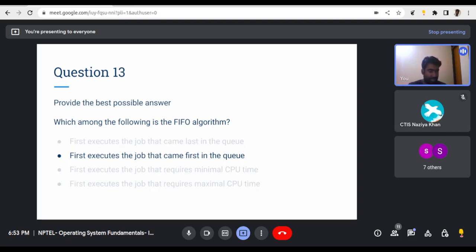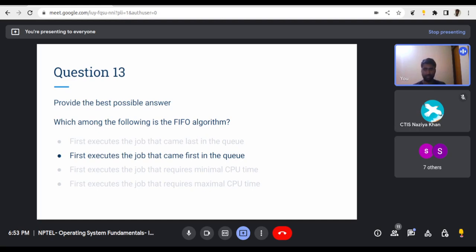Yes, option B is correct. In the first in first out algorithm, the job that was first in the queue gets the first CPU time, and after that come all the jobs that came in next.